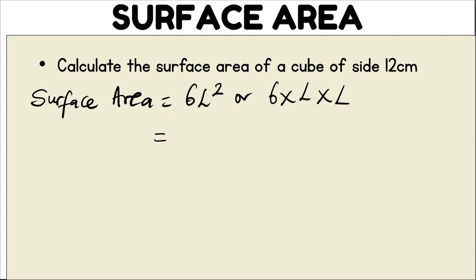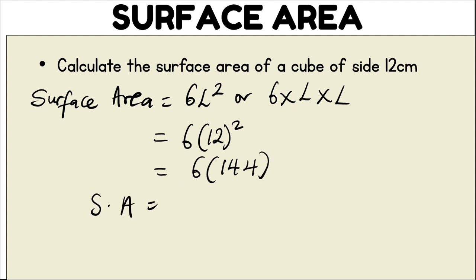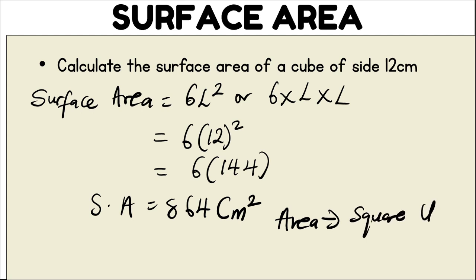So to solve this will be equal to 6 in bracket 12 square, which will be equal to 6 in bracket 144, and therefore the surface area will be equal to 864 cm square. We should remember that we are dealing with the area, and area is measured in square unit. So that is why our unit is cm square.